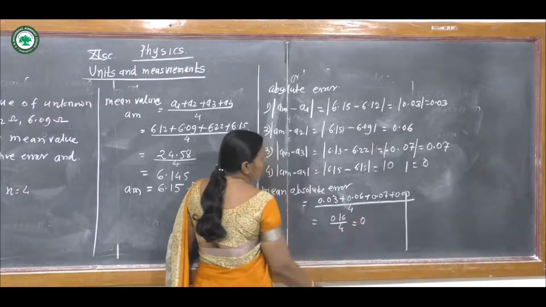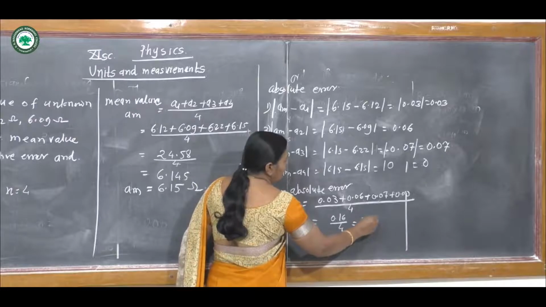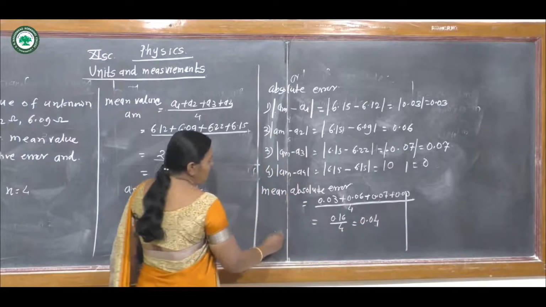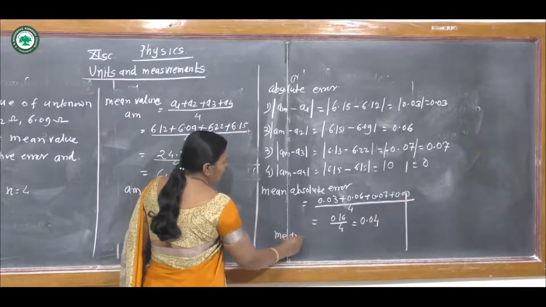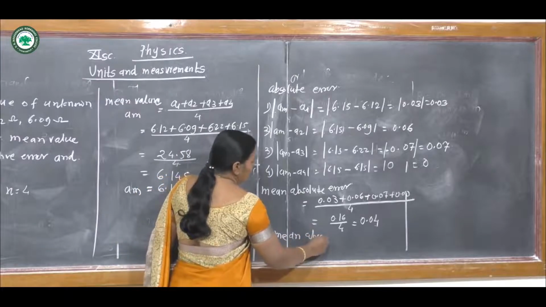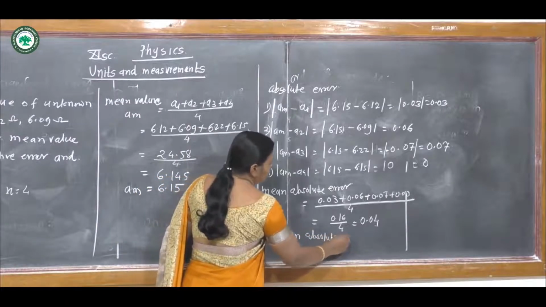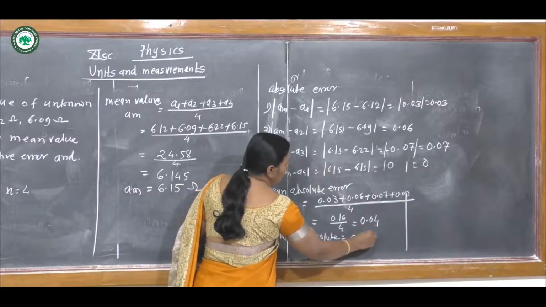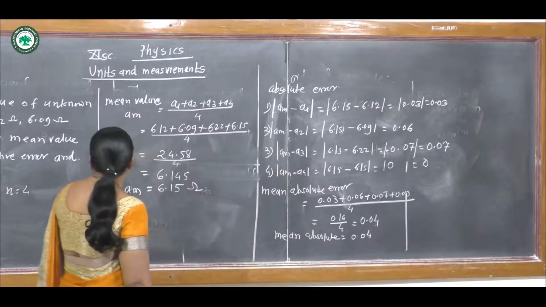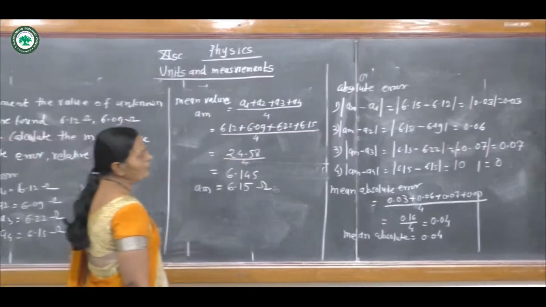The answer is 0.04. It is the mean absolute error. Now we find the relative error.